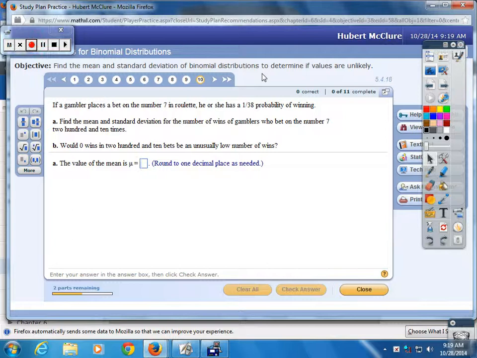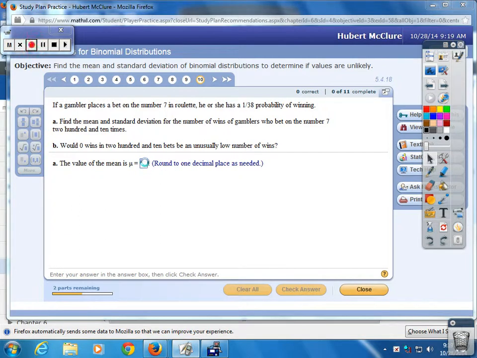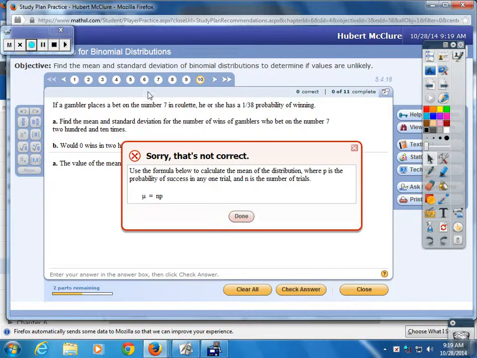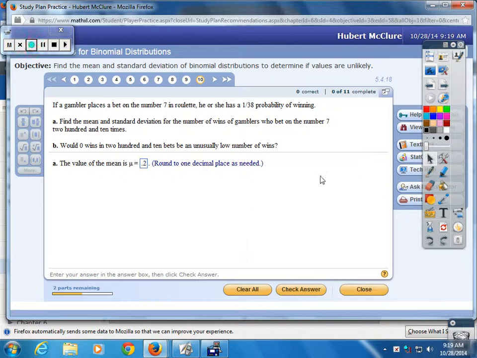All right. So what is 7/38ths? Somebody take your calculator and divide 7 by 38. What do you get? Give me one decimal place. I'm sorry, what? 0.18. So that's 0.2. See, y'all can't do that right.